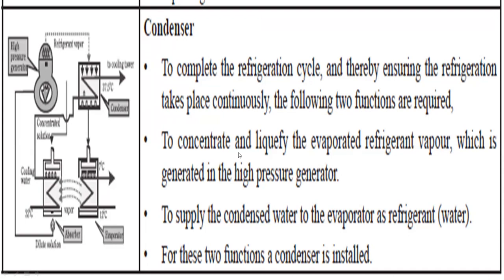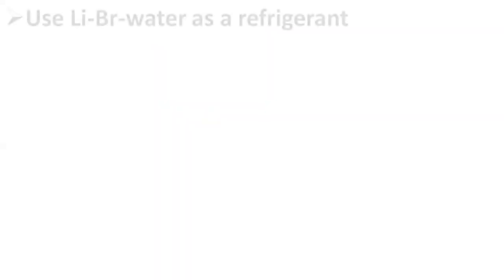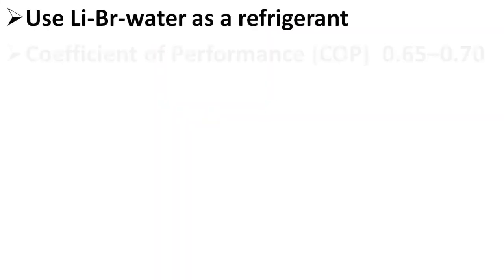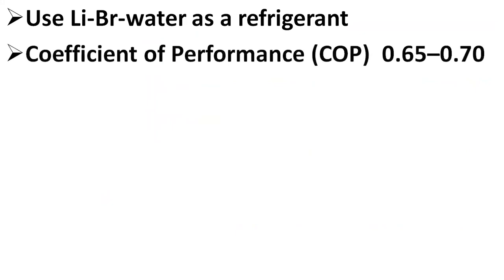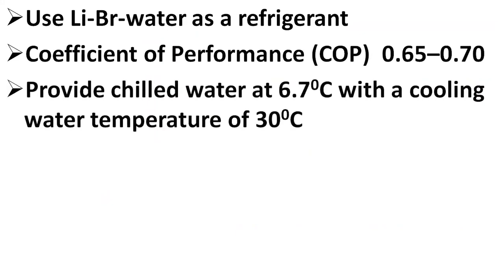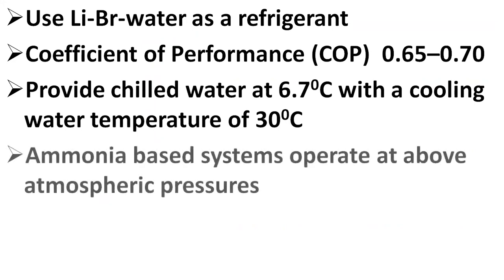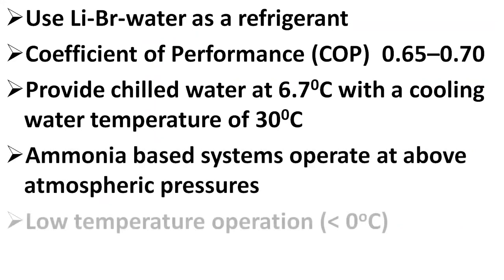Absorption refrigeration systems that use lithium bromide and water as the refrigerant pair have a coefficient of performance in the range of 0.65 to 0.70 and can provide chilled water at 6.7 degrees centigrade with a cooling water temperature of 30 degrees centigrade. Systems capable of providing chilled water at lower temperatures are also available.